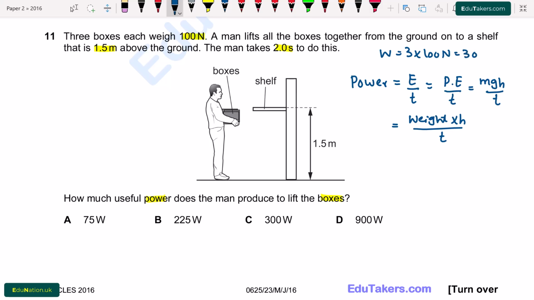Total weight will be 300 Newton. So I put here weight is equal to 300 multiplied by height. Height is 1.5 meter divided by time is 2.0 second. So that power will be equal to 225 watt. Now we see the options. Option A 75 watt, B 225 watt. So B option is correct from here.